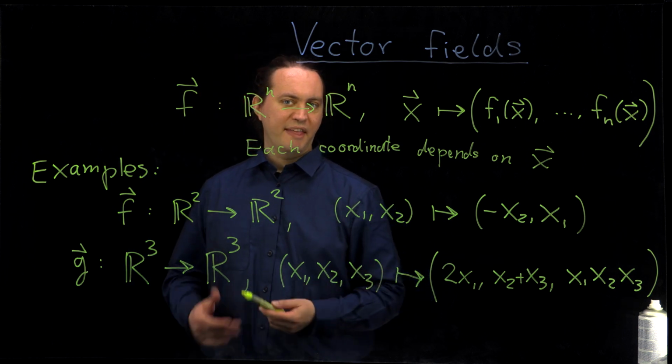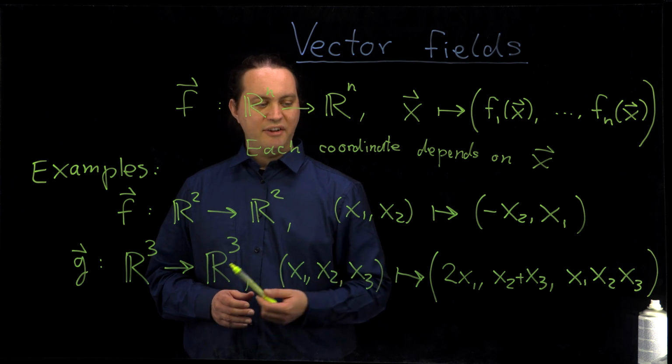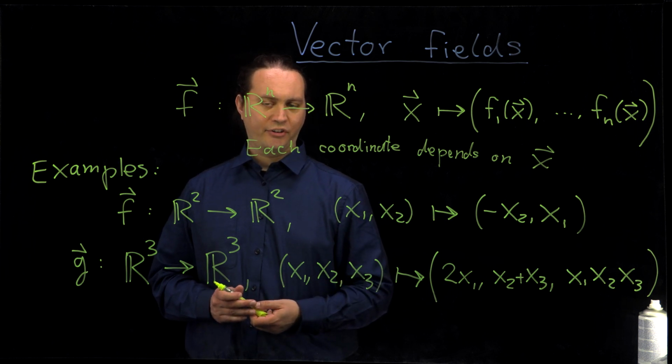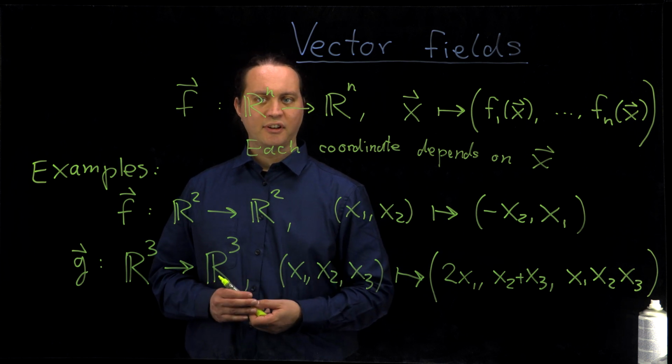In this example, f1 is just 2x1, f2 is just x2 plus x3, and finally f3 is just the product of x1, x2 and x3.